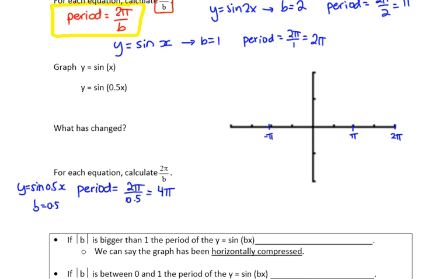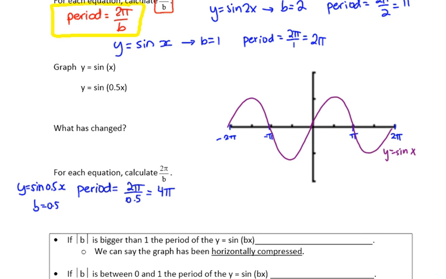This is negative pi, and this is negative 2 pi. Remember our original graph looked like this, we'll just draw it really quickly. That was y equals sine x. So y equals sine 1/2 x, the period is 4 pi.